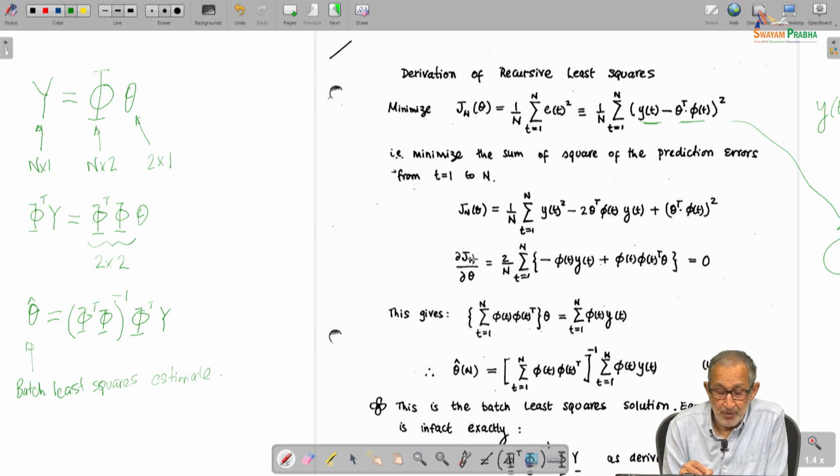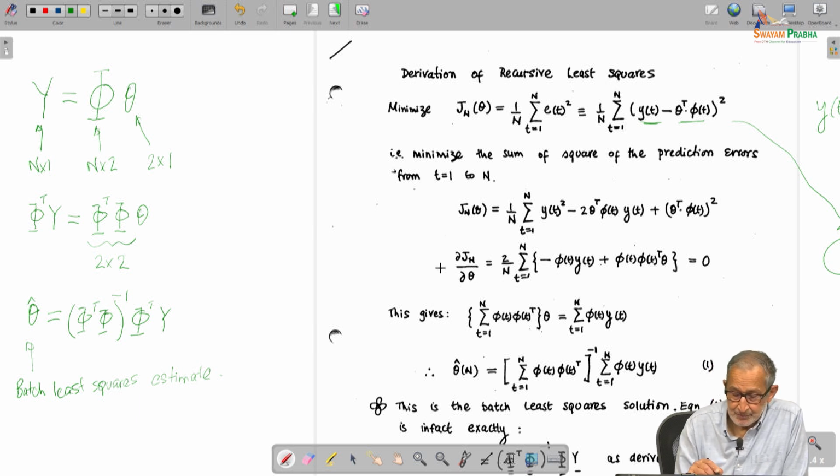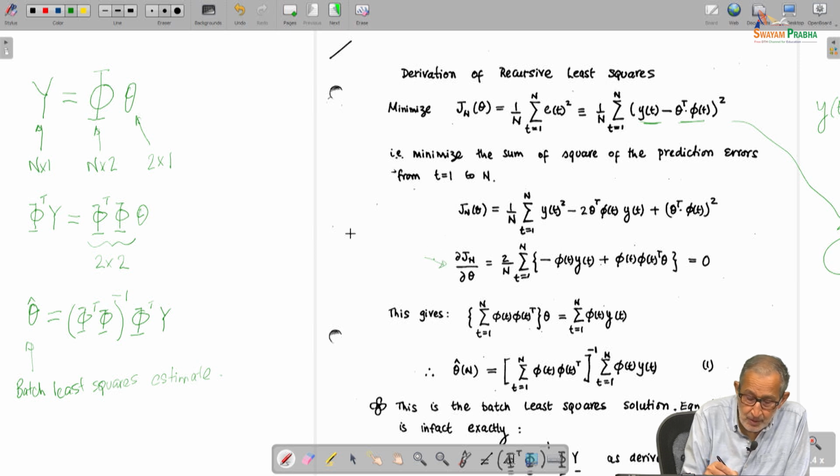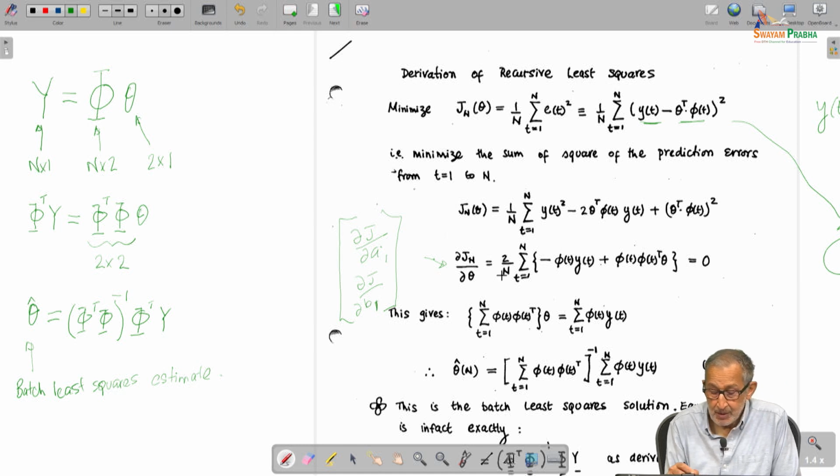The derivative of J with respect to theta. Now remember this, ordinarily this is J with respect to a1 and J with respect to b1. So that's what you get here.